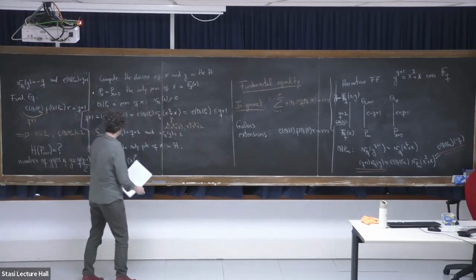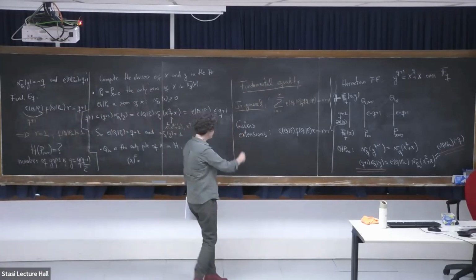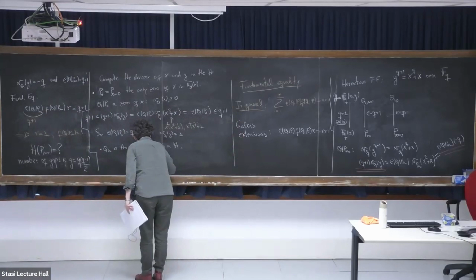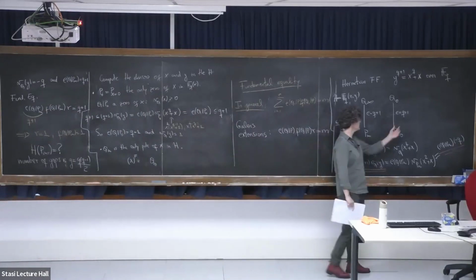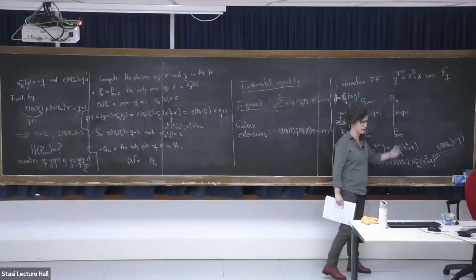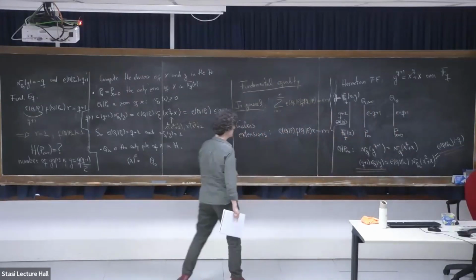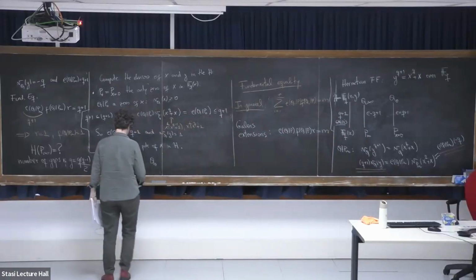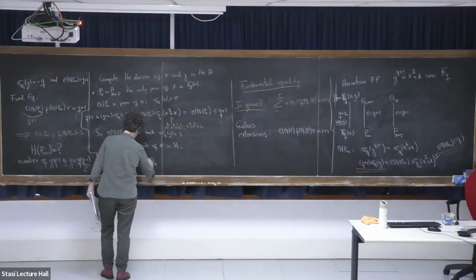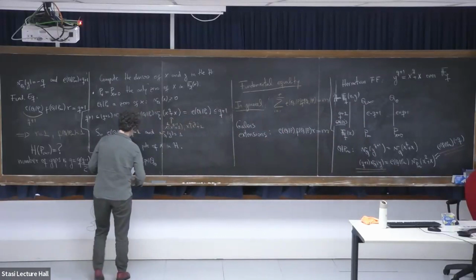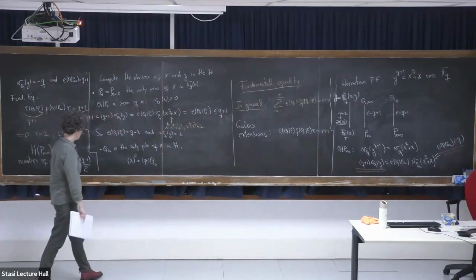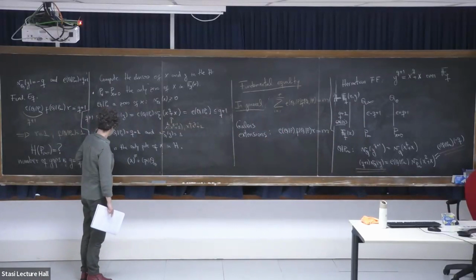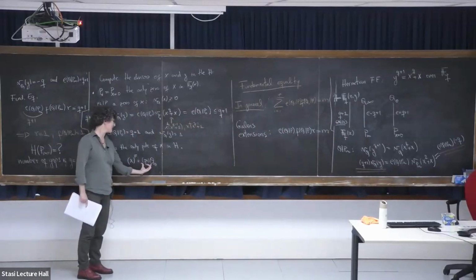Well, it has just one zero, and this is going to give you the order of the zero. So this is just Q plus 1. Why is this Q plus 1?